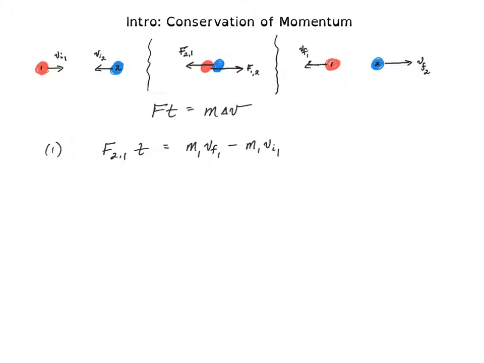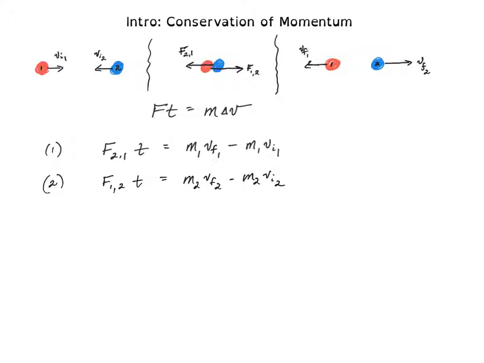Moving on. For object 2, it's just going to be the exact opposite. It's going to be the force of F1 on 2 times time, and that's going to equal M2 V final 2 minus M2 V initial 2. What I'm going to do from here is add these two equations up.